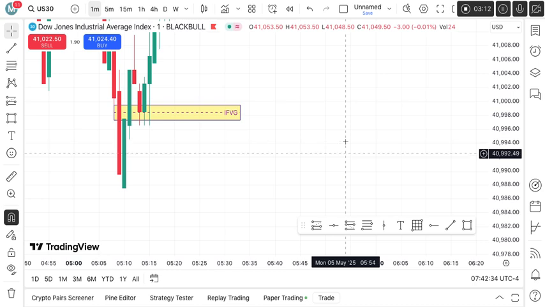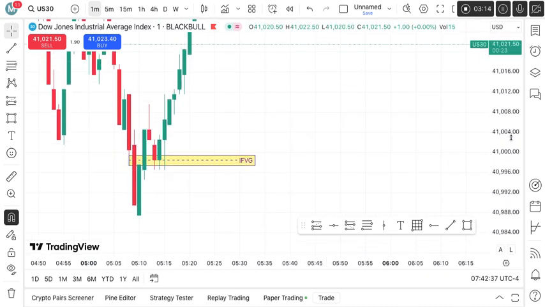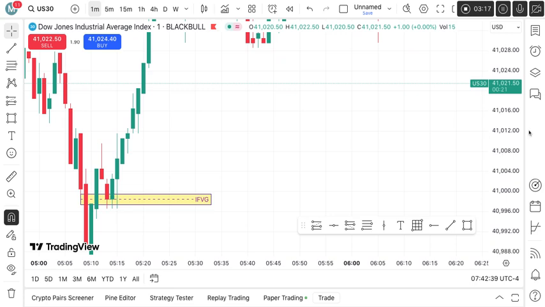So it was the previous area of resistance, now turning into an area of support.